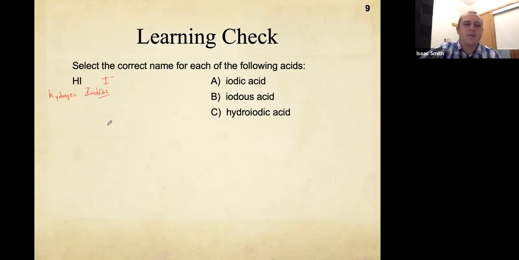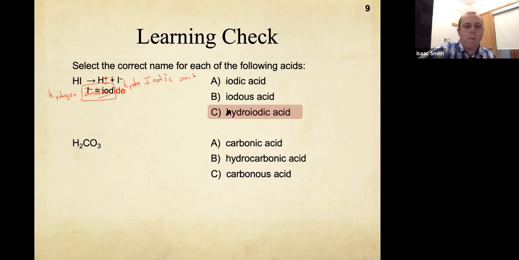The acid is named after the anion, and iodide has an IDE ending, so you take the iod, add hydro at the beginning, and then ic acid. So hydroiodic acid.